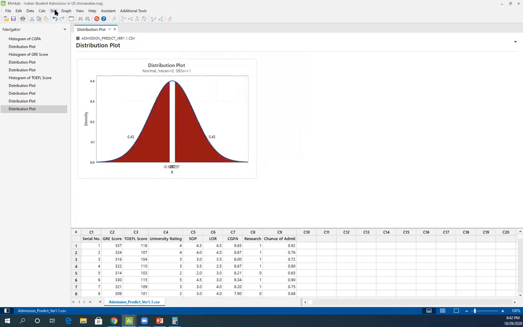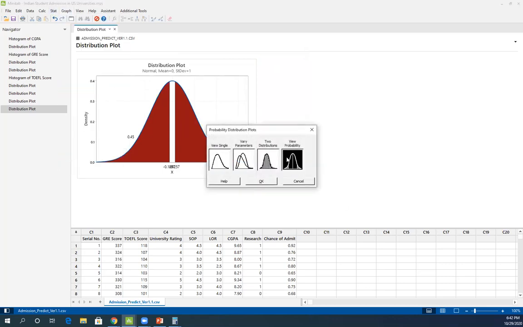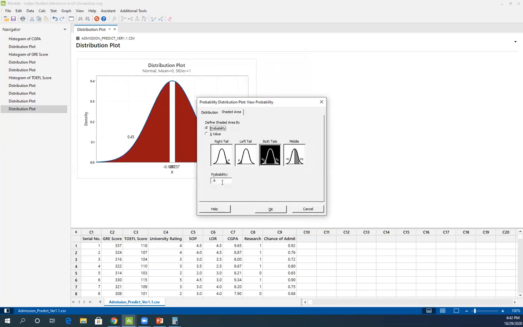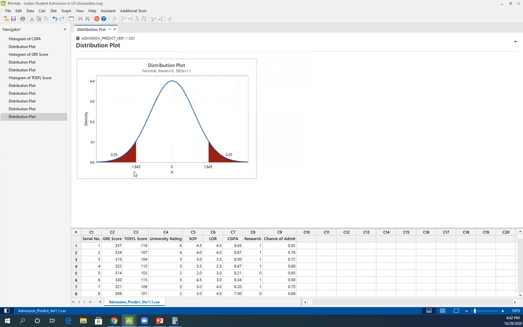I did the wrong thing. Probability distribution. Okay, and I have to do this instead of that. Can you see this, minus 1.64 and plus 1.64?